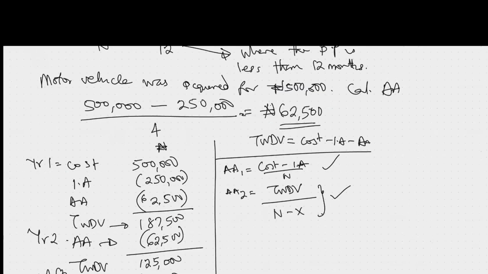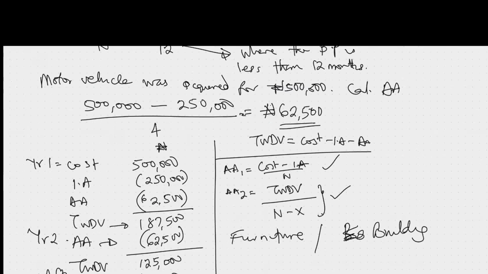If I acquire furniture today and I also acquire land and building, I will calculate their annual allowance separately.